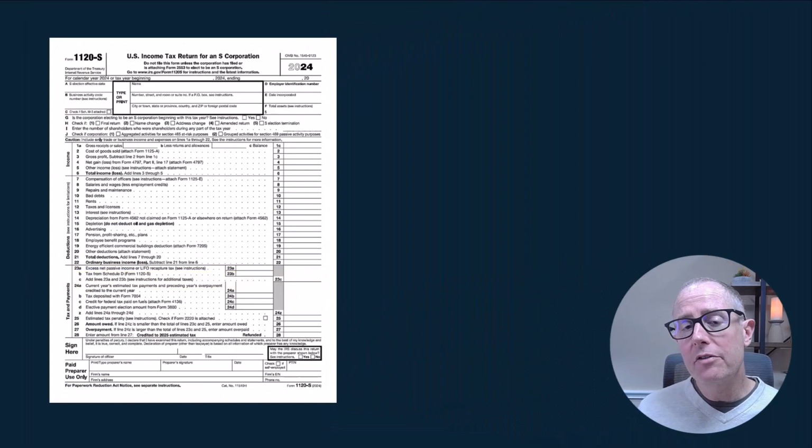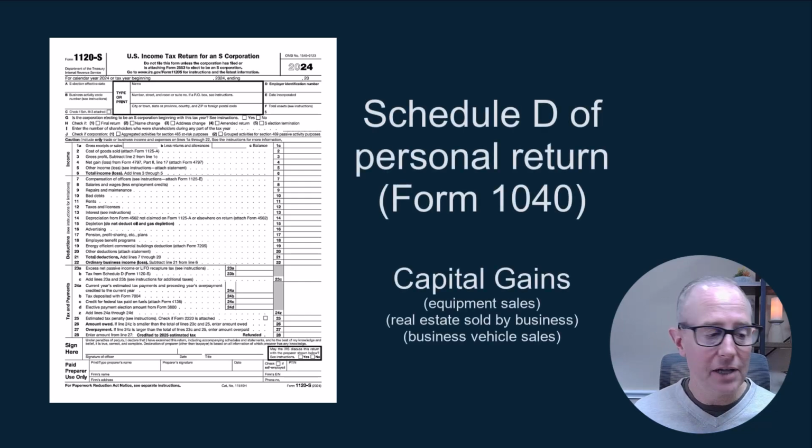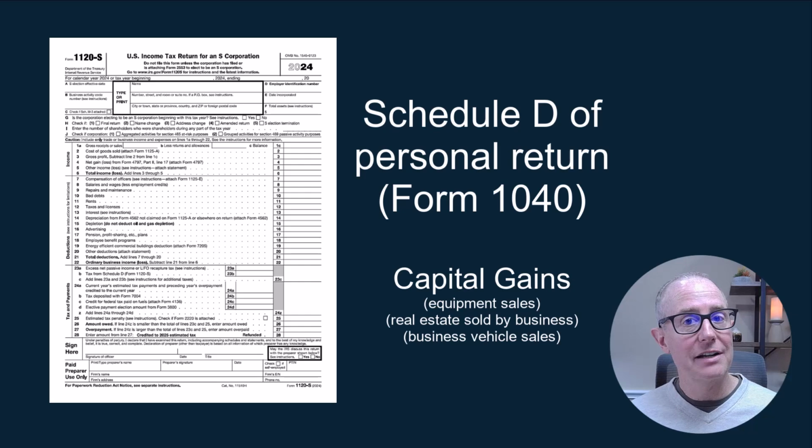There are some other things that will not appear on your tax return for your business. They'll appear on your personal tax return, okay? And those are going to be things related to capital gains. Capital gains are the tax on a transaction when you sell assets. So that could be equipment, maybe you sold a building, maybe you sold a vehicle.